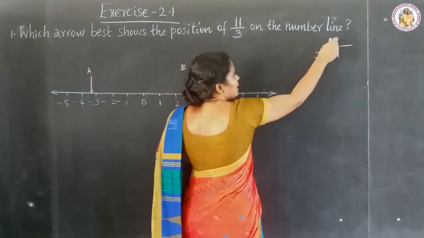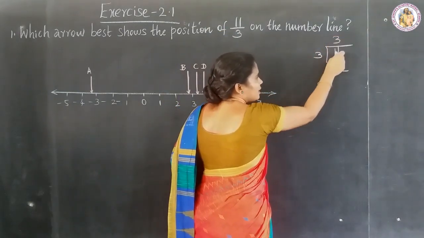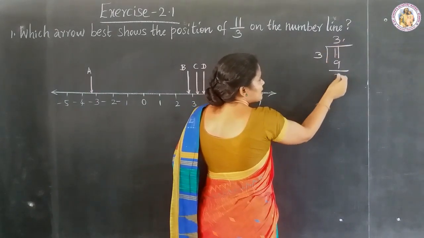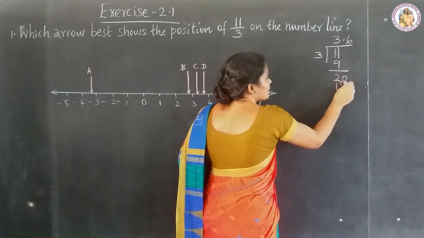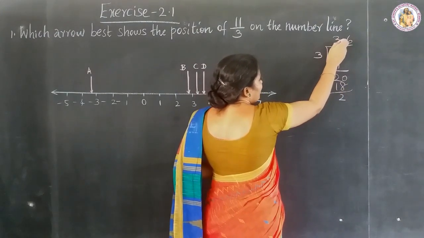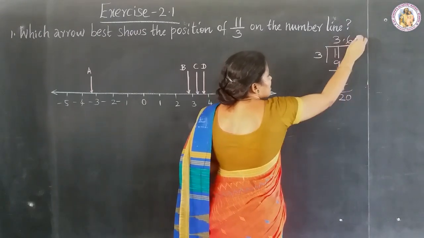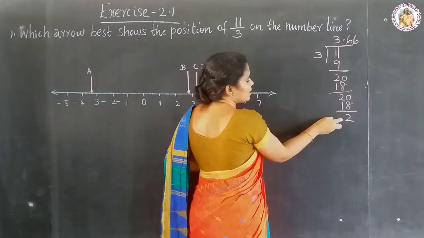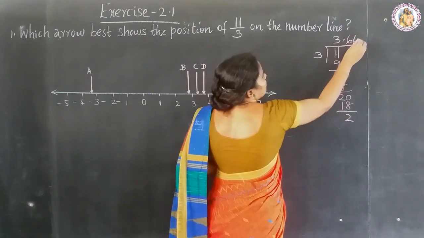So 3 3s are 9, remaining 2. Keep decimal, add 0. 6 3s are 18. Again we have remaining 2. Already we have decimal, add 0. 6 3s are 18. So again we get 2. So it goes on.